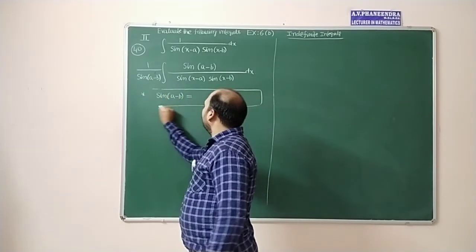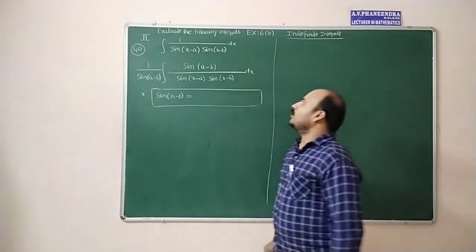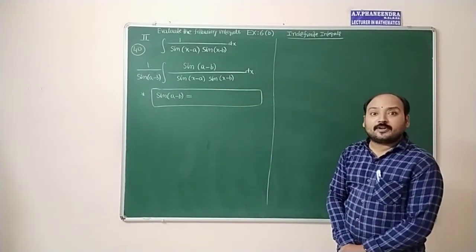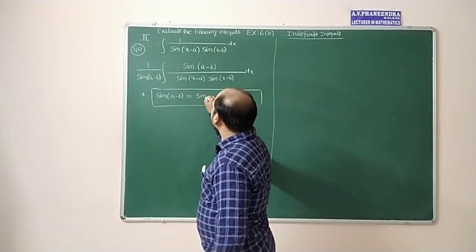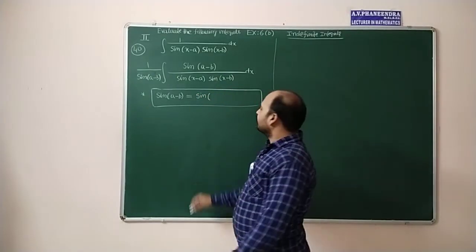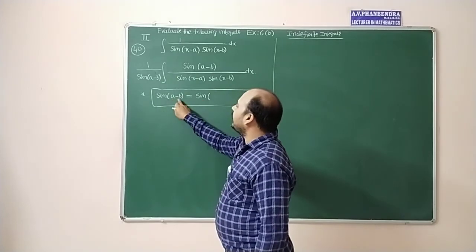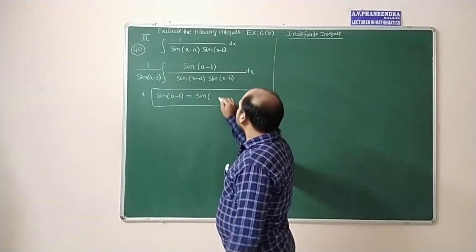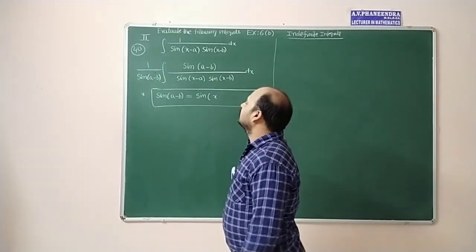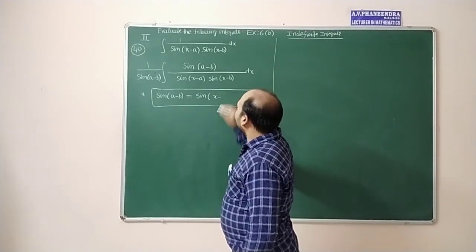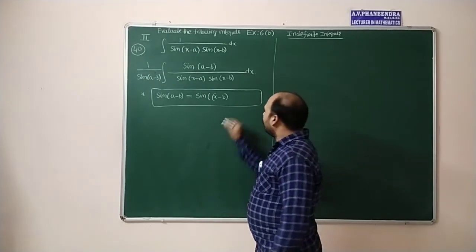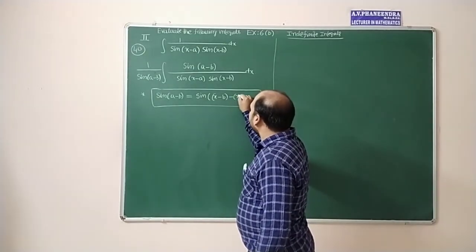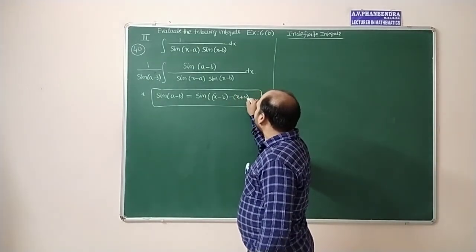Observe that, all of you. Sin of a minus b in terms of the denominator. We need to get a minus b now. So sin of x minus b minus x plus a.